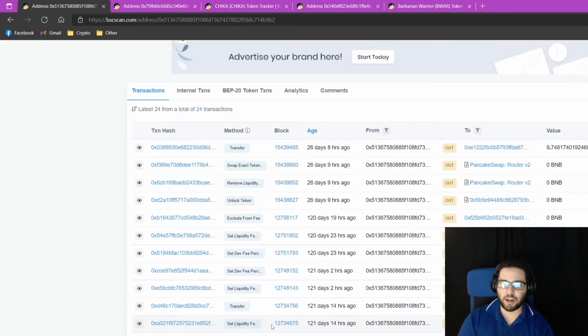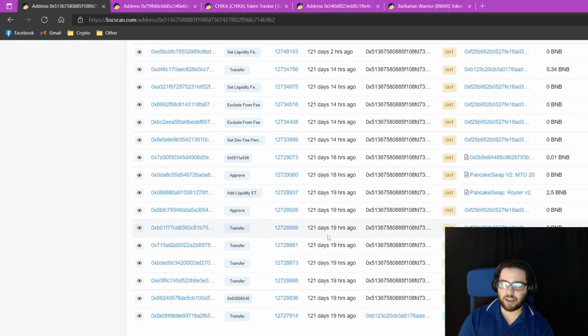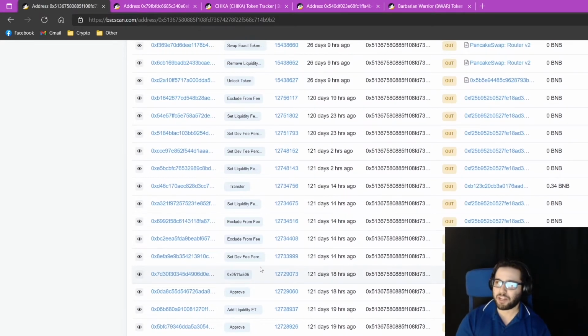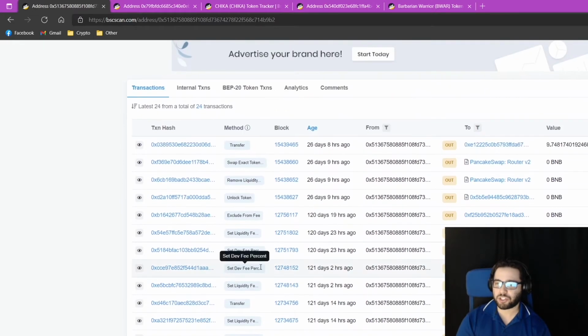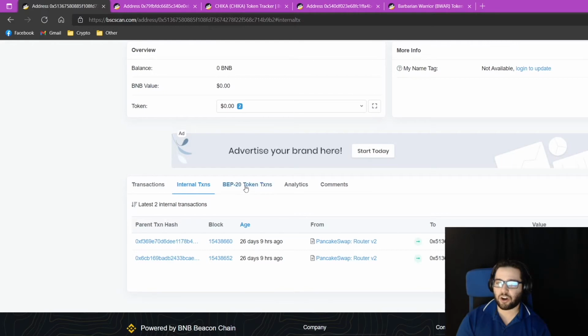So you do have to be careful when you see devs launch tokens that have 99% taxes or 90% taxes in their contracts from the get-go. It makes you want to be a little wary, and you want to check out what these devs are doing, what their internal transactions are.